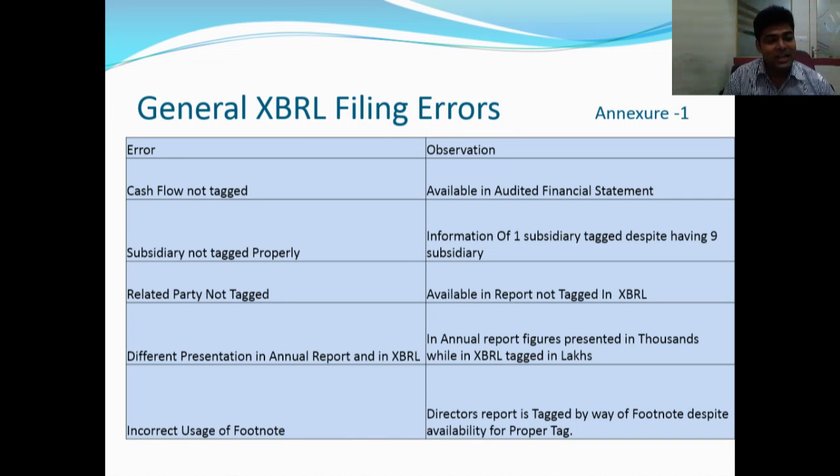Now, related parties are available in the annual report but not tagged in XBRL. Different presentation in the annual report and in XBRL: in the annual report, figures are presented in thousands, while in XBRL they are tagged in lakh, meaning the level of rounding off has changed. Some precision is given in the annual report, while we are showing a different one in XBRL.